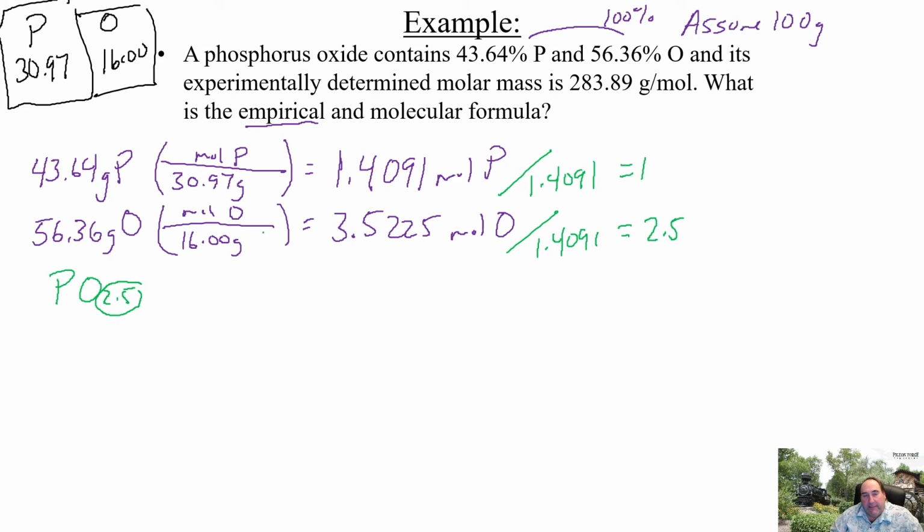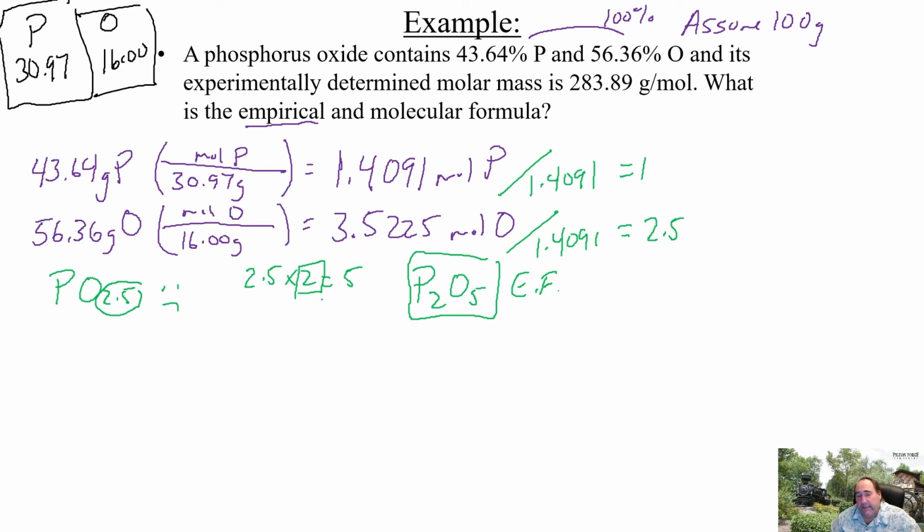I know what you're yelling at the screen: not so good because it's not a whole number. But 2.5 is something that, if we multiply by 2, will turn into a 5. So we are going to multiply everybody by 2 here. That's going to give us P2O5, and that's actually going to be our empirical formula in this case.